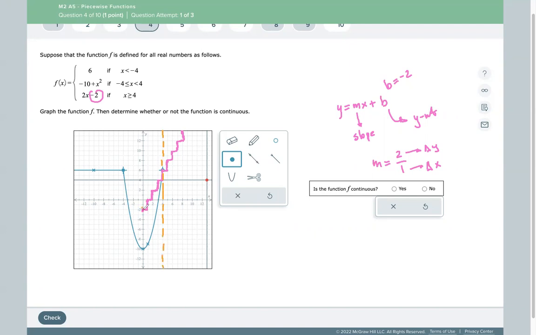So the graph would look something like this, crossing the y-axis at -2 and then moving 1 unit to the right and 2 units up.